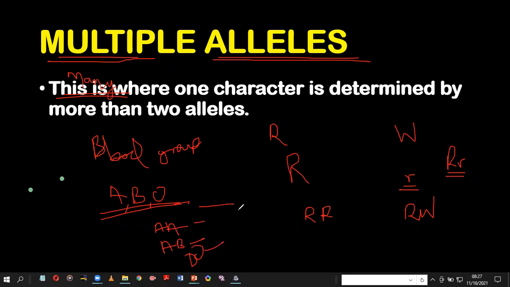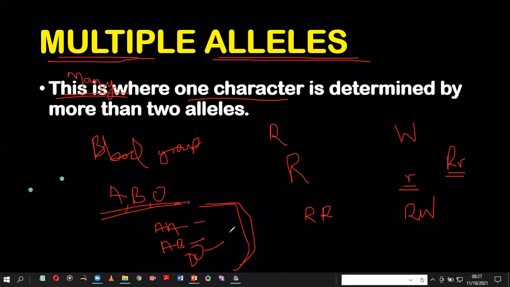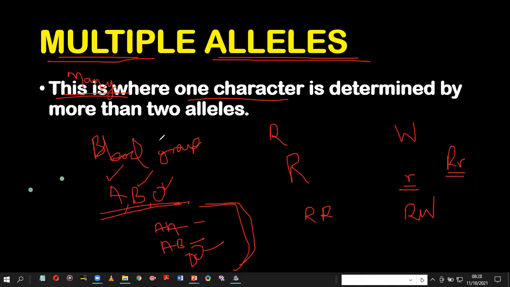Now, the trait is the same. The characteristic is the same, blood group. But the alleles that are determining that particular trait are more than 2. You have allele A, you have allele B, and you have allele O. So therefore, this one qualifies to be under multiple alleles. Not so?